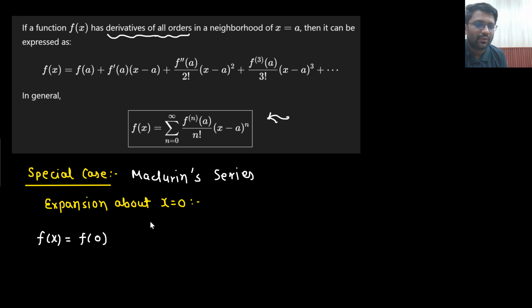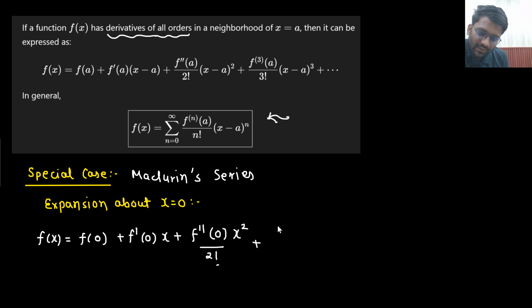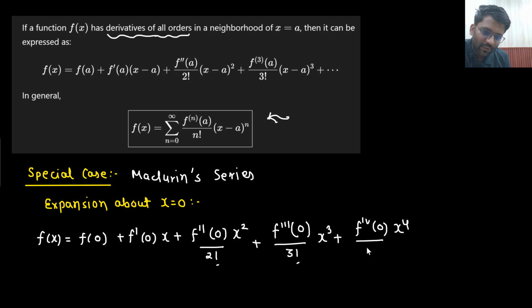So you remember this expression only, and on your own you will be able to write down this expression, right? Then f dash 0 multiplied with x. Then f double dash 0 multiplied with x square by 2 factorial. Then f triple dash 0, the third derivative at 0, divided by 3 factorial, x cube, then the fourth derivative at 0, x to the power 4 by 4 factorial, and so on.